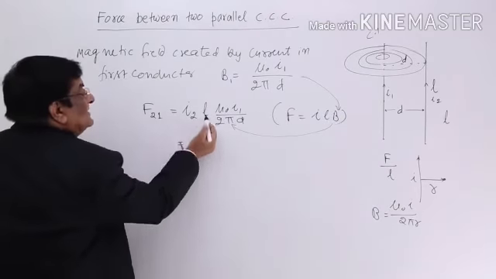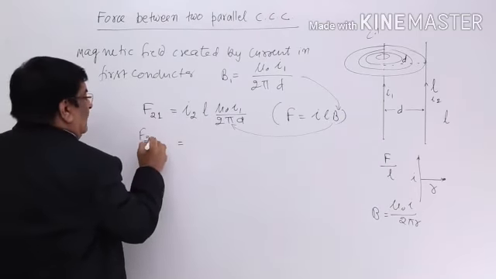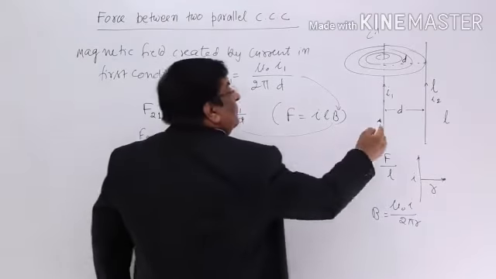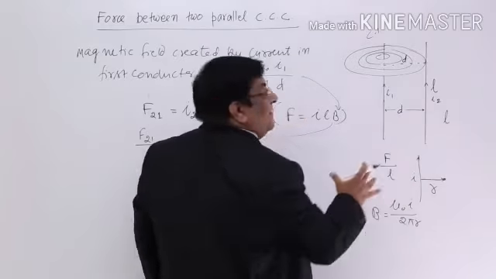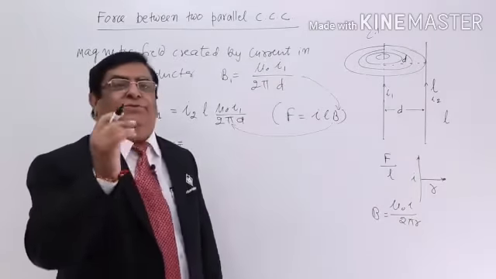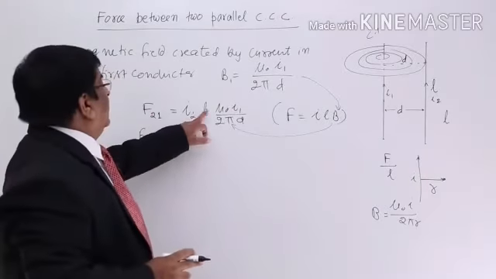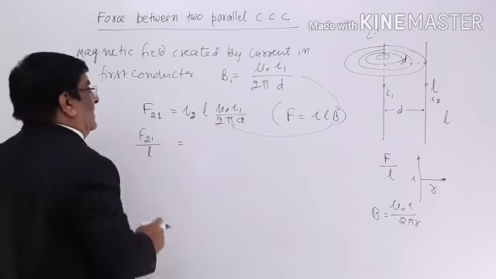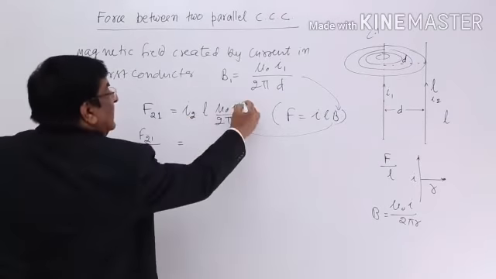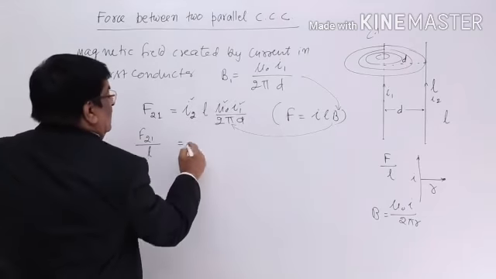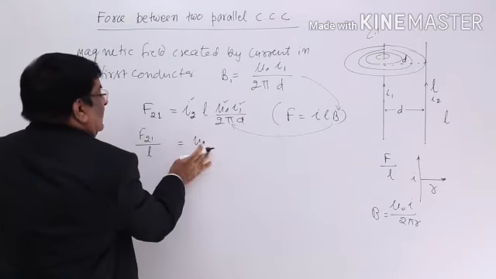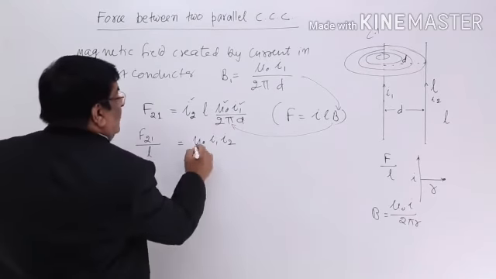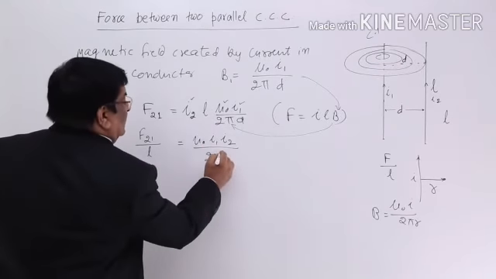Okay, so this L I transfer here, giving F21 upon L. Now L1 or L2, I take both of them as equal and call both of them L. So L2 is not required, we will mark it only L. So F21 upon L is equal to mu naught I1 I2 divided by 2 pi d.